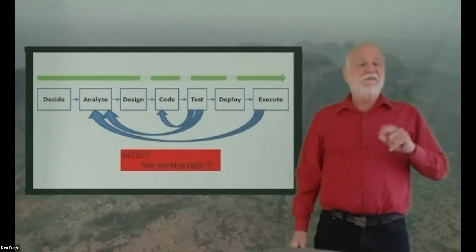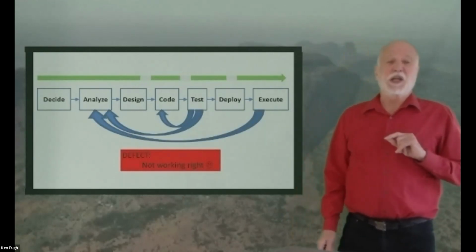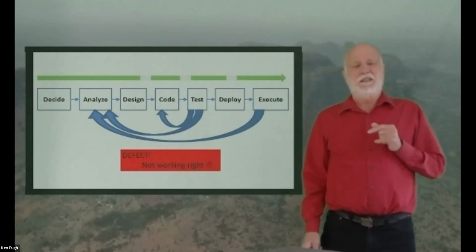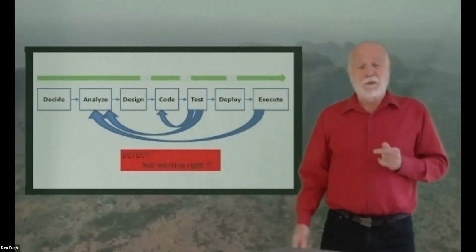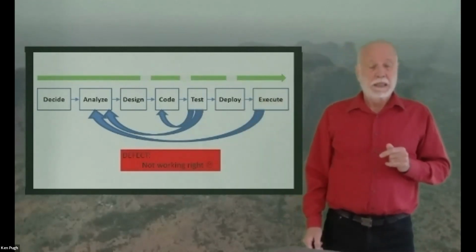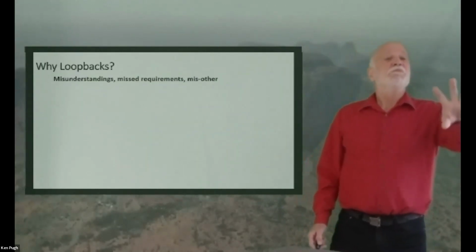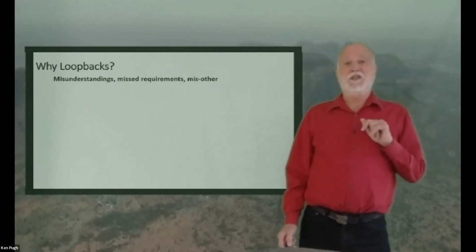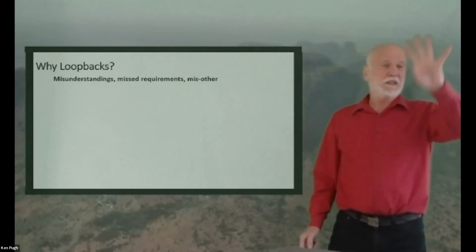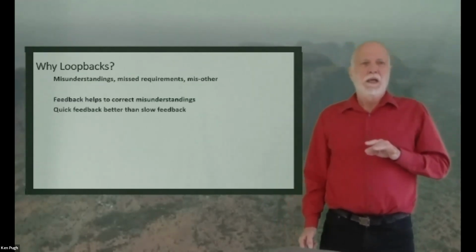And the worst is if you have to go from production back to analyze, because we missed something here. All of those things take time because of misunderstandings, missed requirements, or anything else.